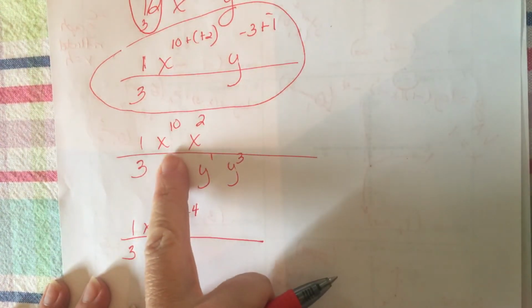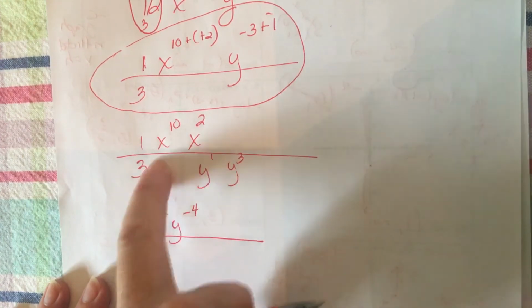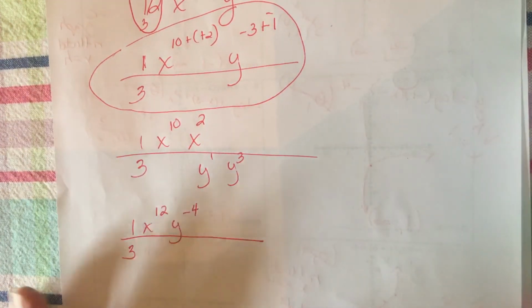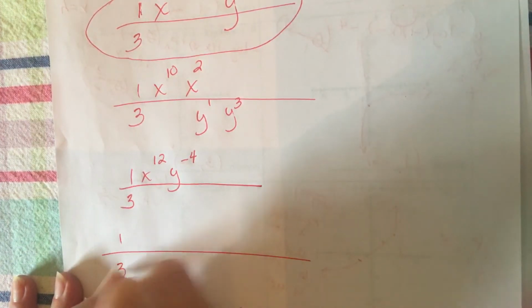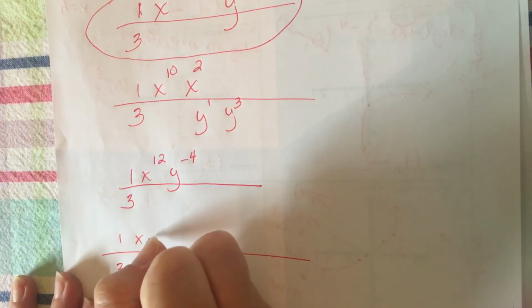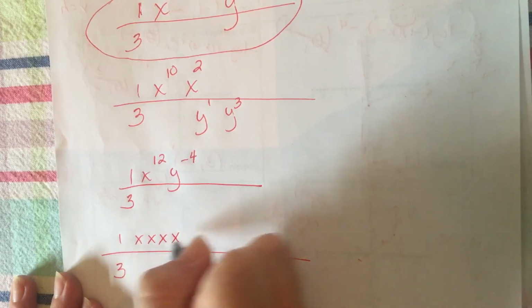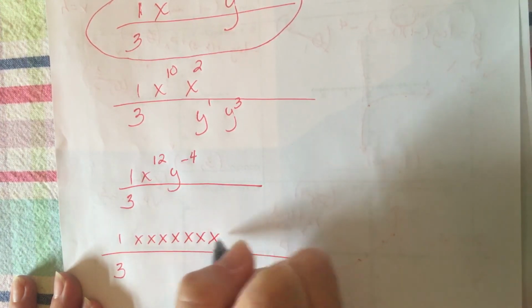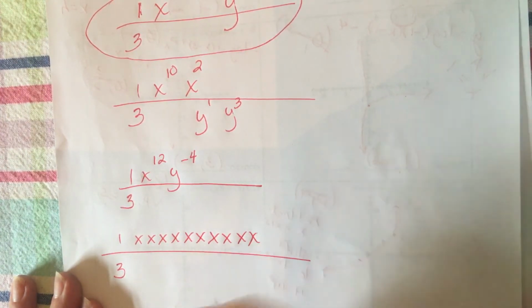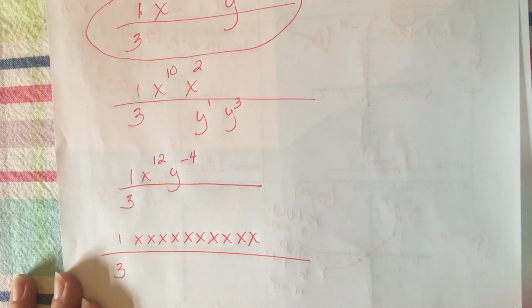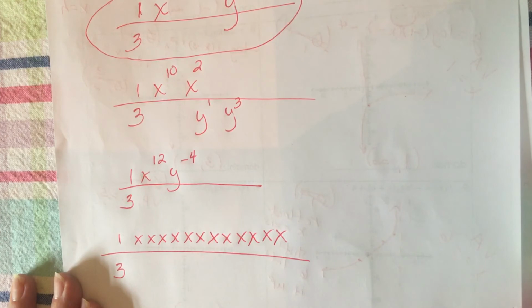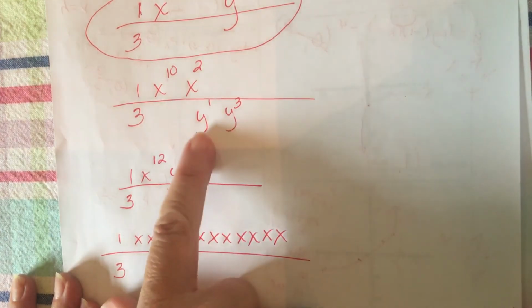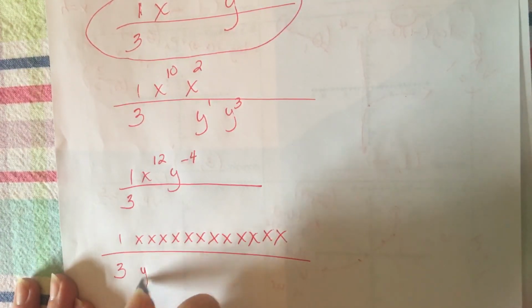If I want to look at this strategy here, I can actually write out what this means. So I have my 1/3, and then I have x 10 times, x 2, 3, 4, 5, 6, 7, 8, 9, 10. That's x to my 10th power. Times x to the 2nd power. And then my y's, I have a y.